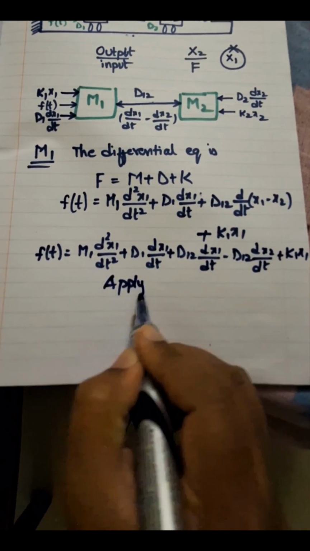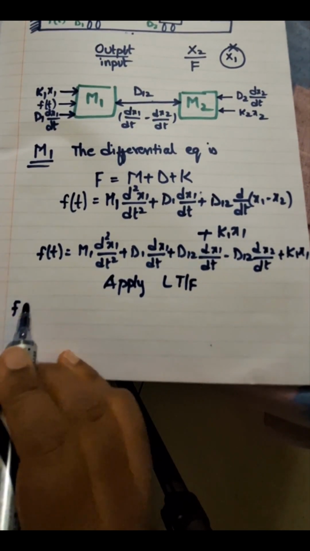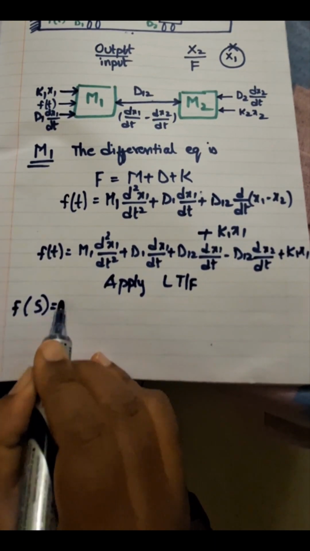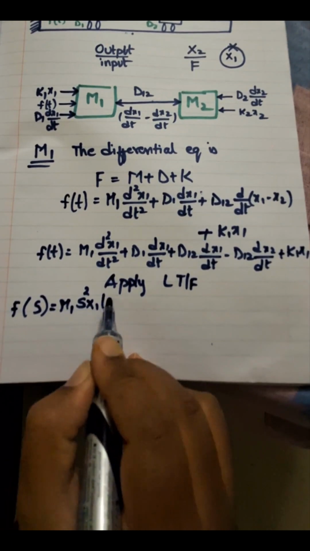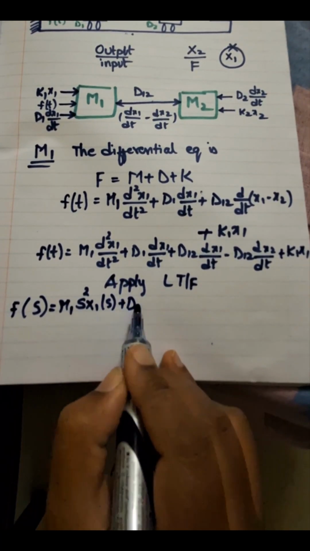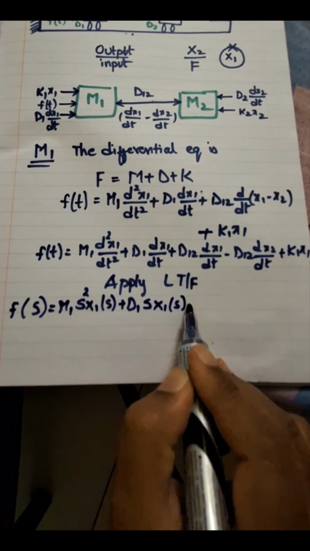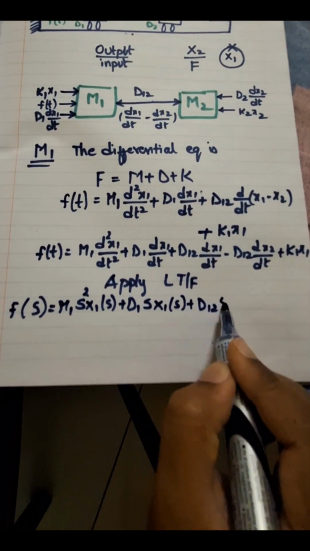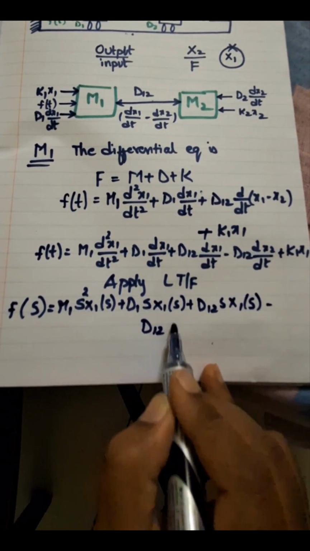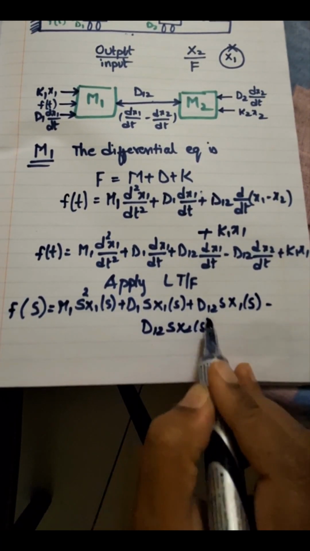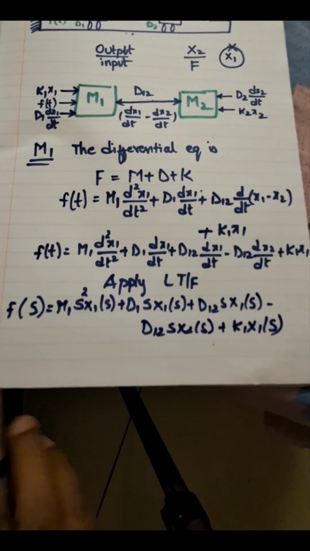Apply Laplace transform. F of t will become F of s, m1 will be m1 only, d square will be s square, small x1 will be capital X1 of s, plus d1 d by dt will be s, small x1 will be capital X1 of s, plus d12 s X1 of s minus d12 s X2 of s plus k1 X1 of s, right?